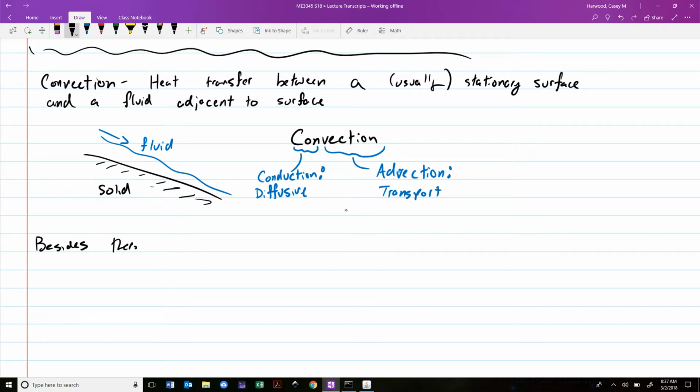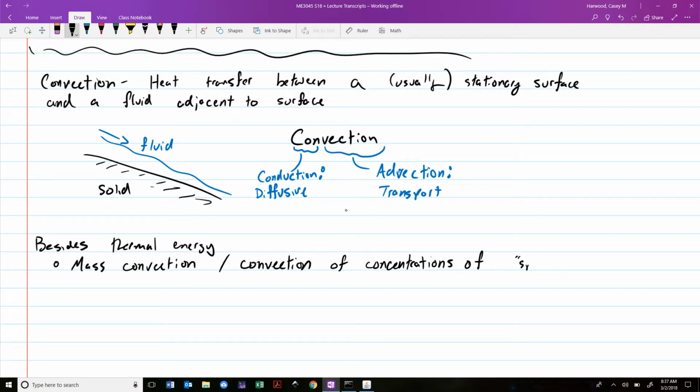Besides thermal energy, there's also this thing called species transport, where we can have mass convection, or convection of concentrations of some type of matter, which in this field are called species.